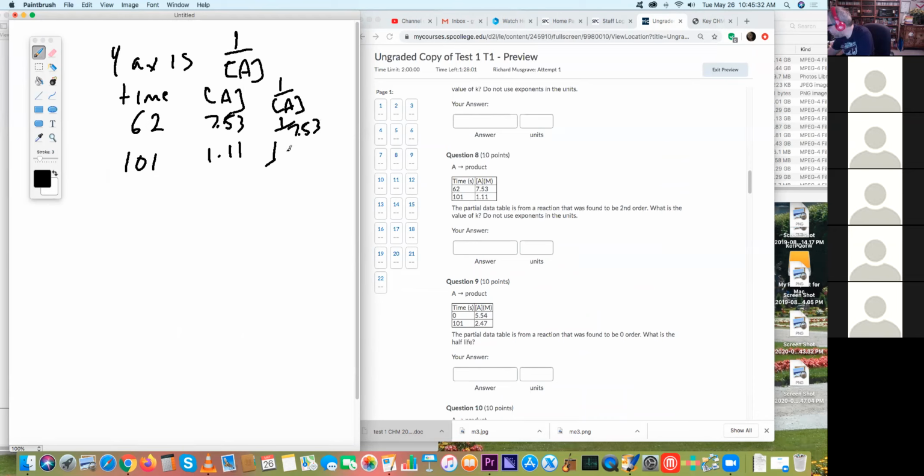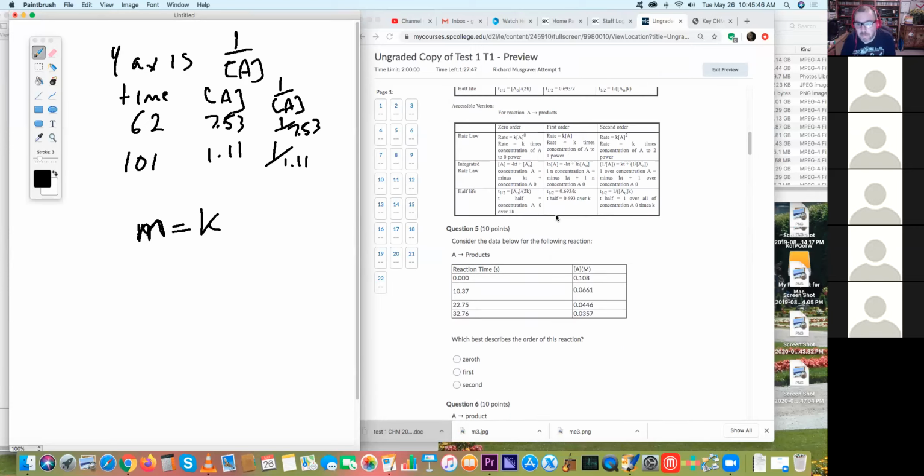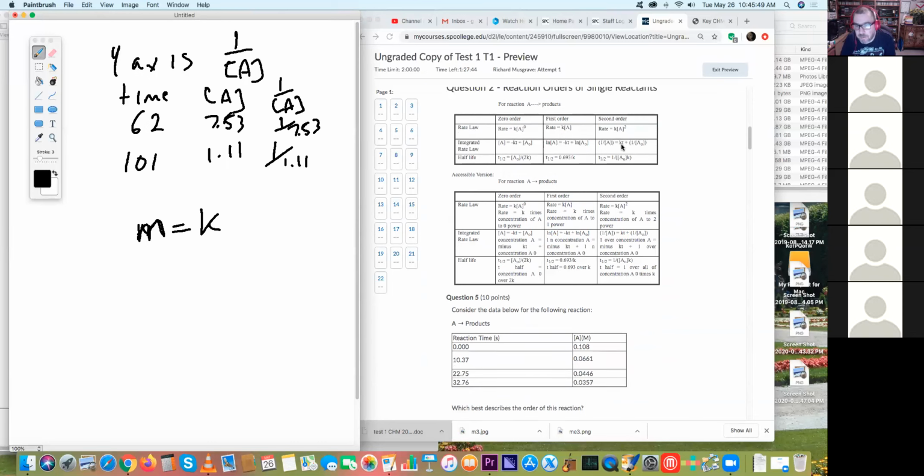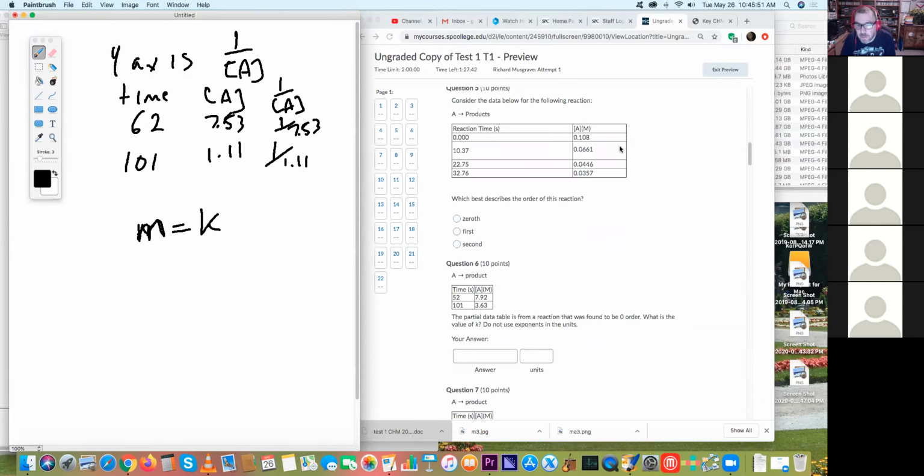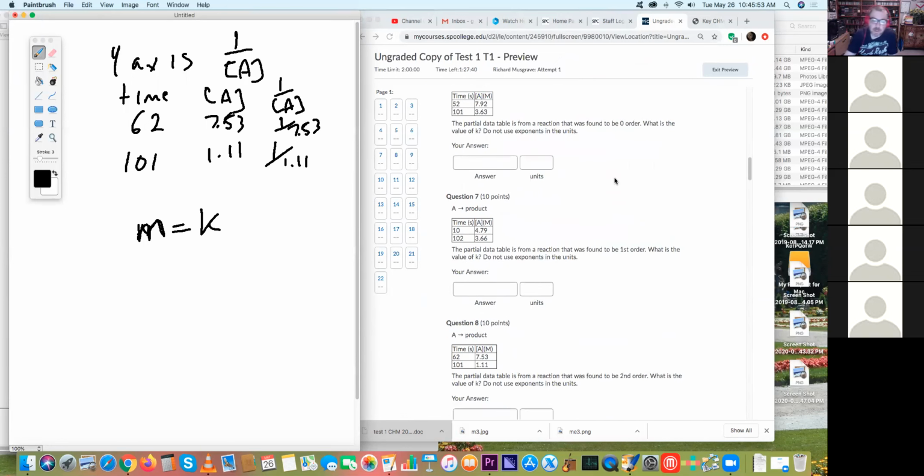And then use those as the y values. And in this case, m equals k, so that one's fairly simple. It is just what it is. And we know that, again, from the table, m is equal to positive k, because it's going to be a positive slope anyway. Anybody got any questions about that?